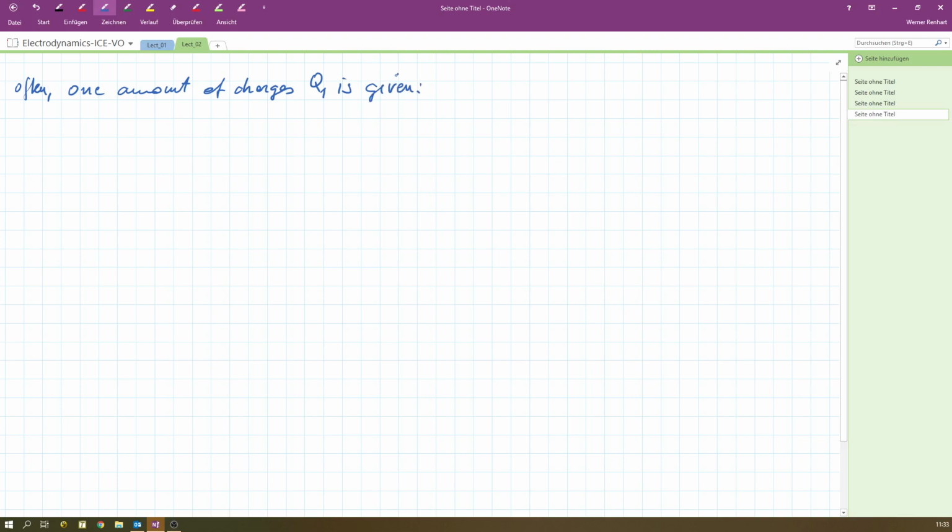Then the origin of the coordinate system can be moved to the location of Q1.